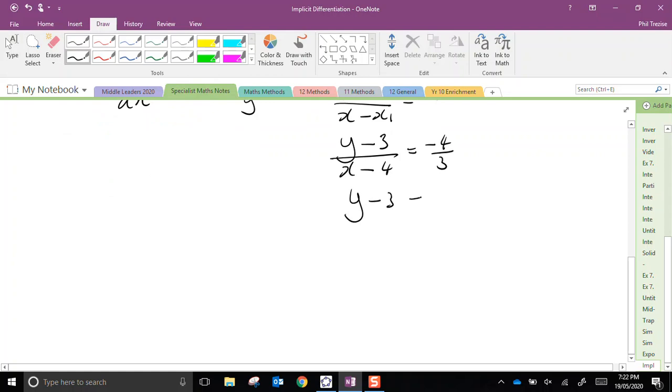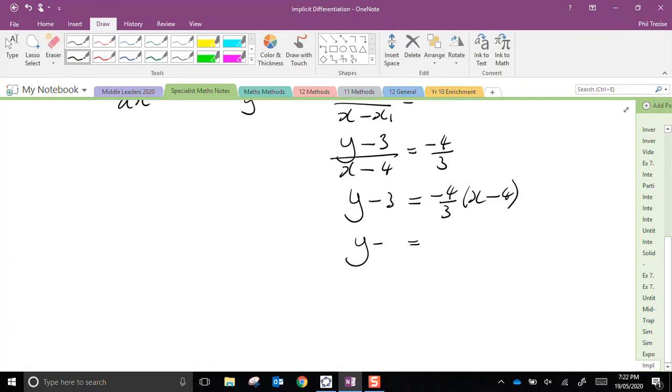So y take 3 would be negative 4 over 3 by x take 4. Whoops, that's take 3. Y take 3, so I'd have negative 4 over 3 x. Negative by negative is positive 16 over 3.